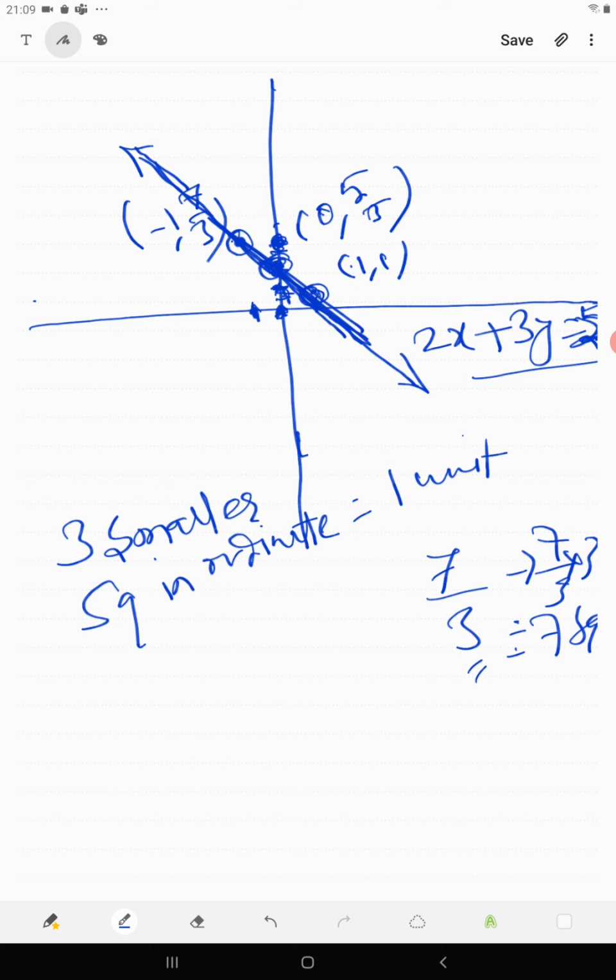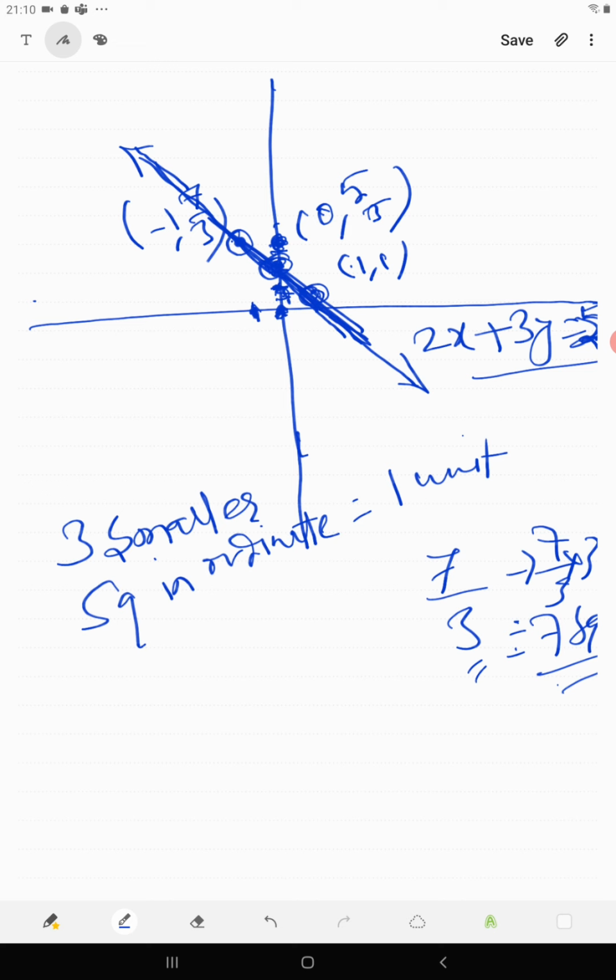So 7 by 3 becomes 7 by 3 into 3, that means 7 units, 7 squares. So the 7th square from the origin will represent the point 7 by 3. Similarly, for 5 by 3, the 5th small square from the y-axis origin will represent the point 5 by 3.